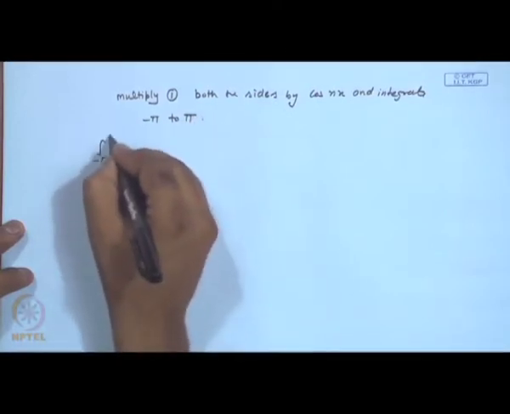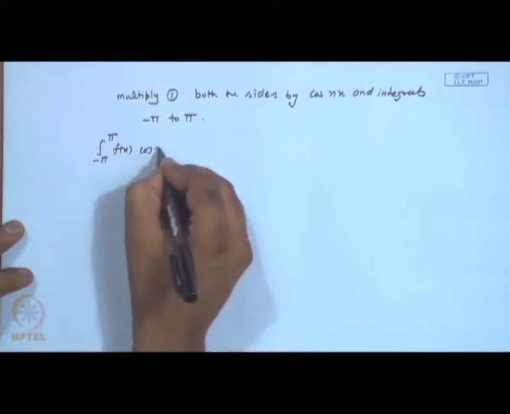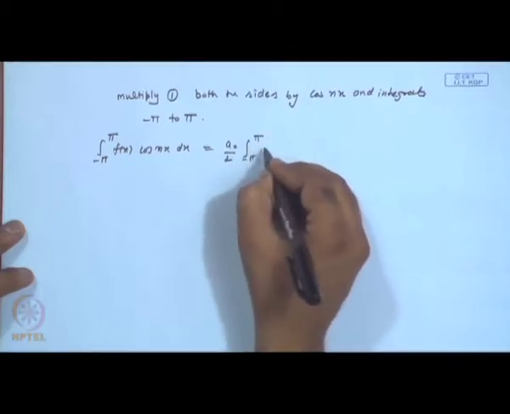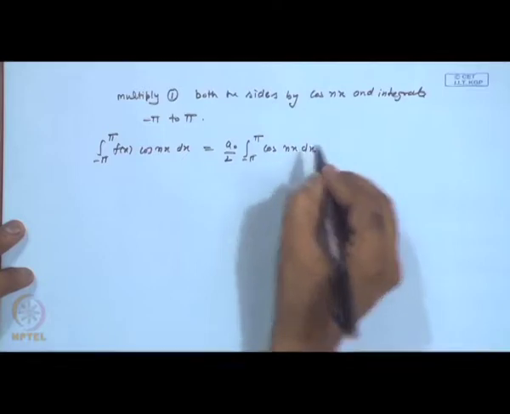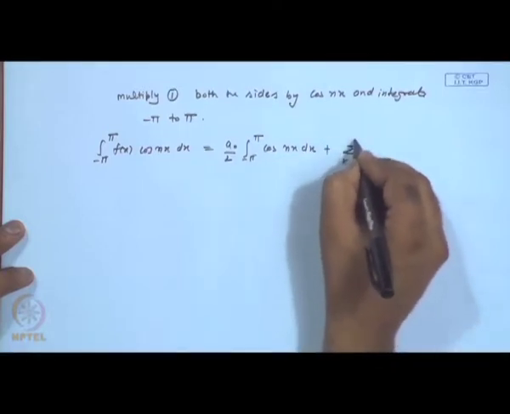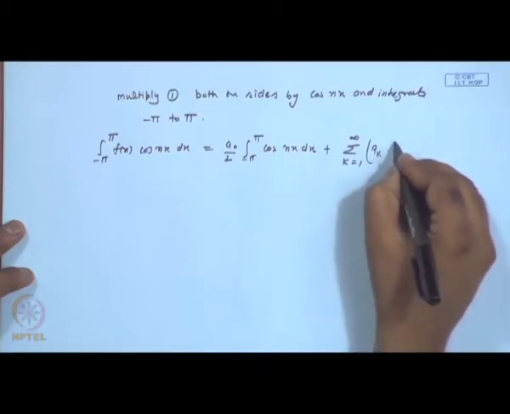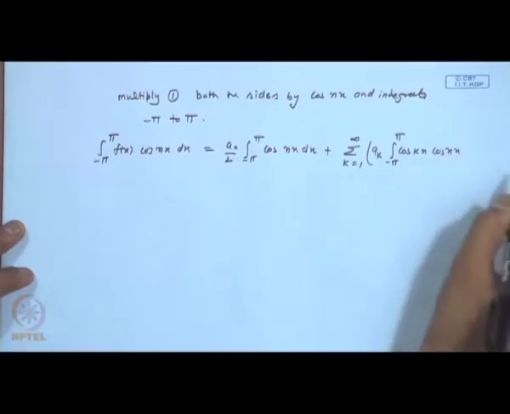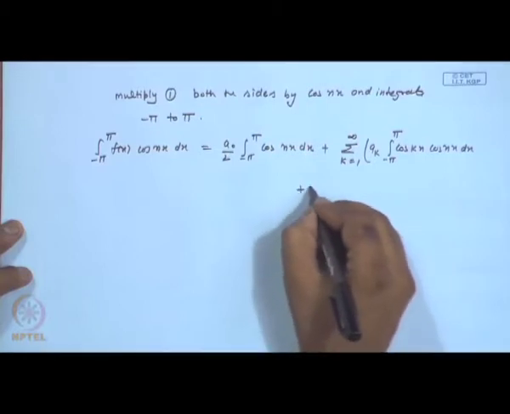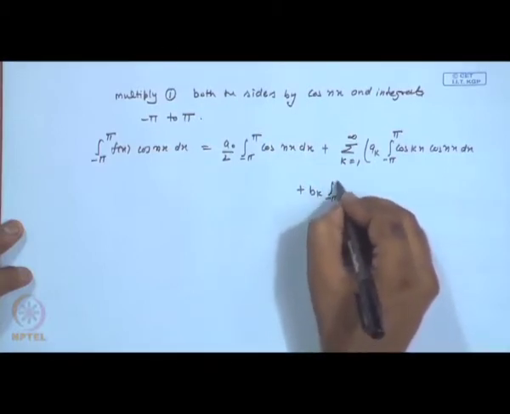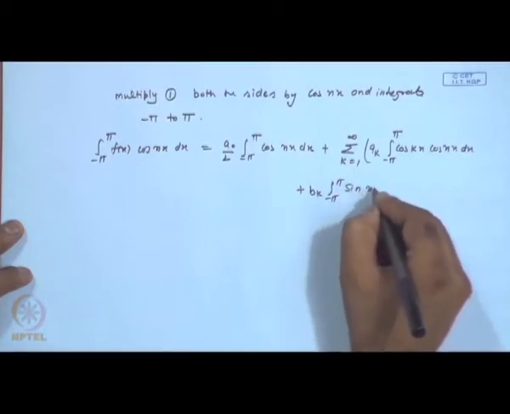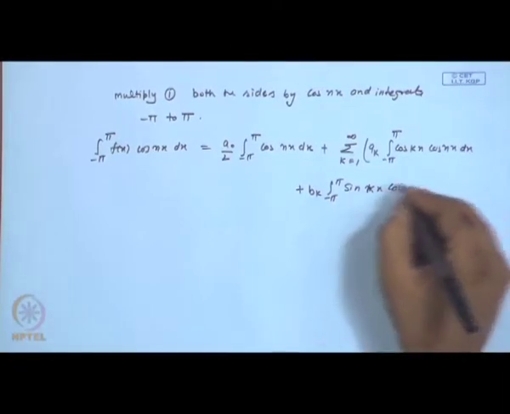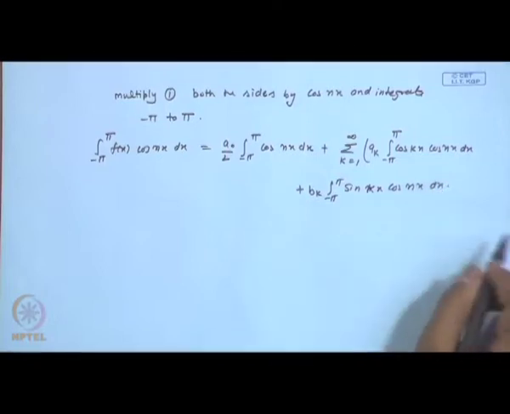So, what will happen in this case: the integral from minus pi to pi of f(x) cos nx dx is a naught by 2 times the integral from minus pi to pi of cos nx dx, plus the sum from k equals 1 to infinity of a k times the integral from minus pi to pi of cos kx cos nx dx, and plus b k times the integral from minus pi to pi of sin kx cos nx dx.